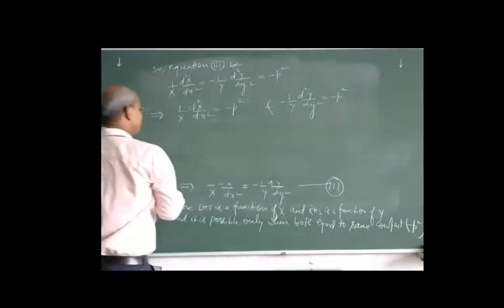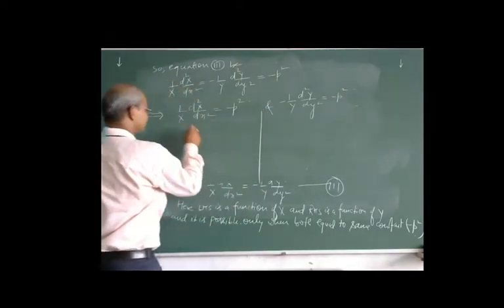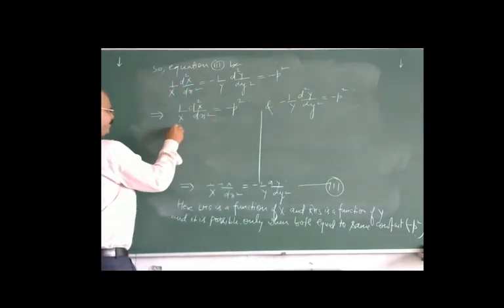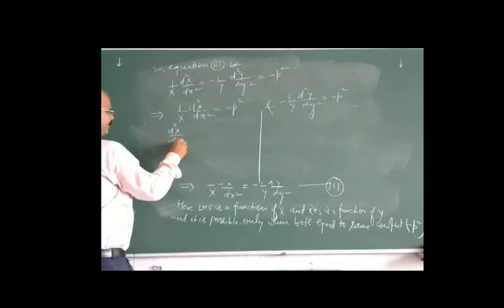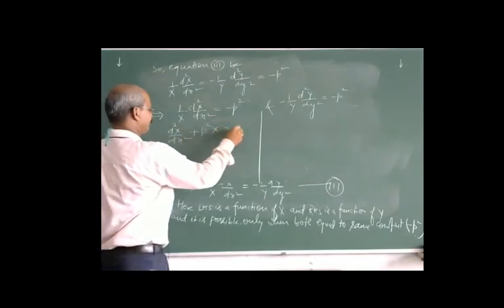After solving these two equations, we get d2X by dx squared plus p squared X is equal to 0.